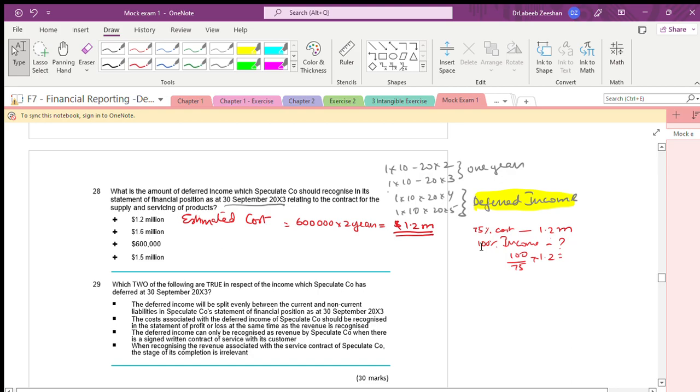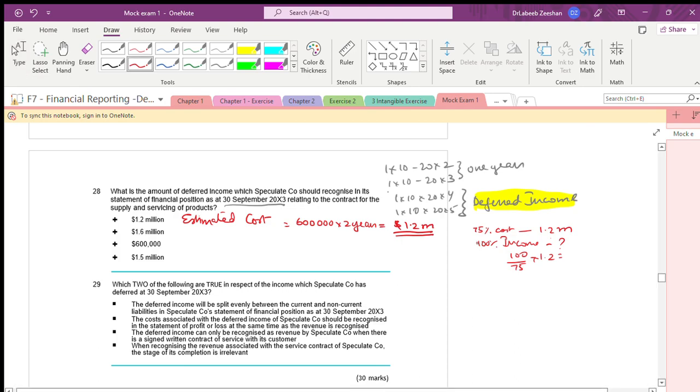How much will you get? Just calculate it. 100 divided by 75 into 1.2. Fine. Is that right? 1.6, 1.6. Is it right?